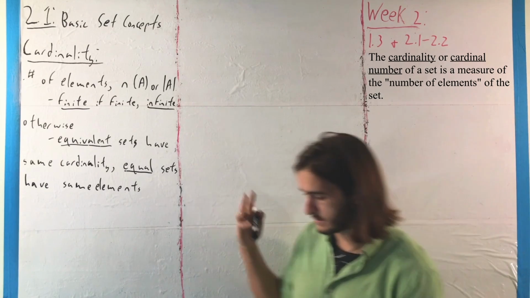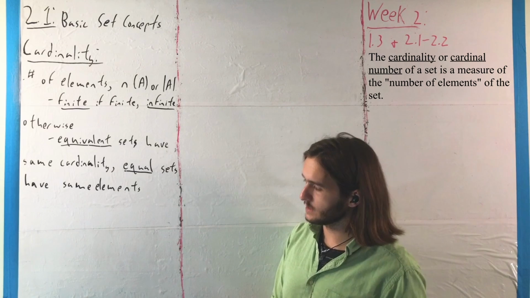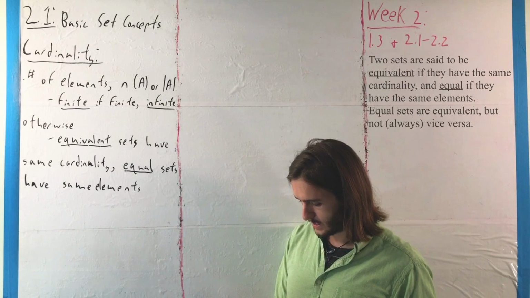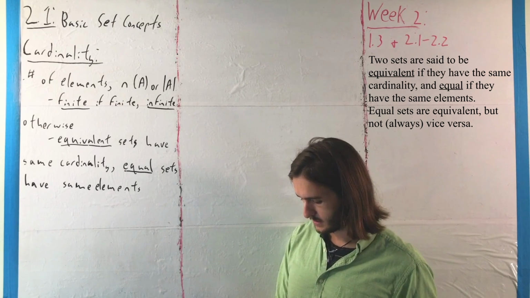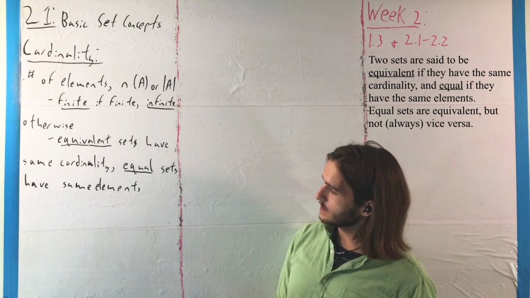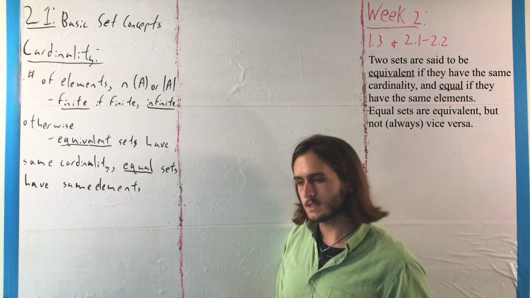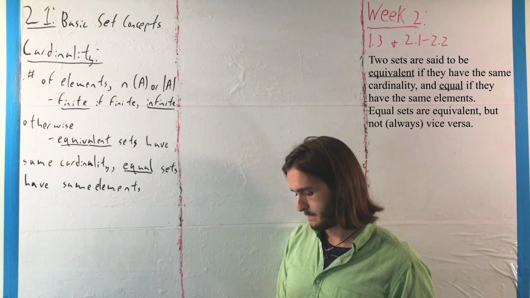For us, the main things that we want to talk about here are the ideas of equivalent and equal sets. When we're looking at equivalent and equal sets, we say two sets are equivalent if they have the same cardinality. They have the same number of things in them.